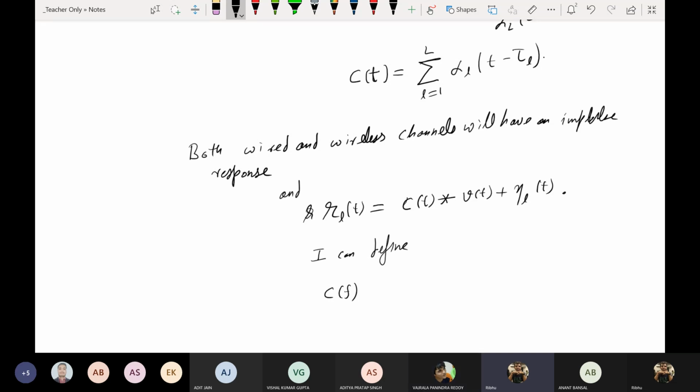So this is the baseband equivalent of the channel. We developed baseband equivalents because it's easier for us to look at everything in terms of baseband equivalents. Okay. Fine.